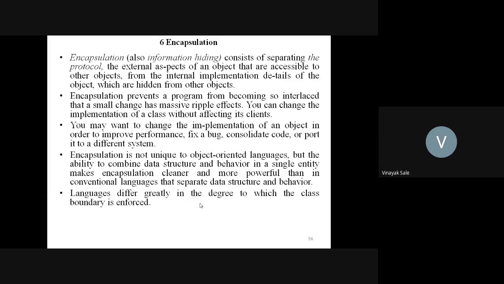Then sixth is encapsulation. Encapsulation, also known as information hiding, consists of separating the protocol, the external aspects of the object that are accessible to other objects, from the internal implementation details of the object, which are hidden from the other objects.